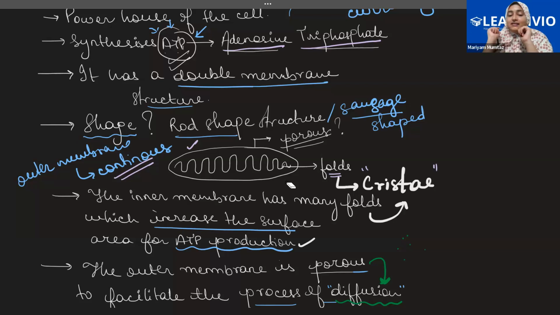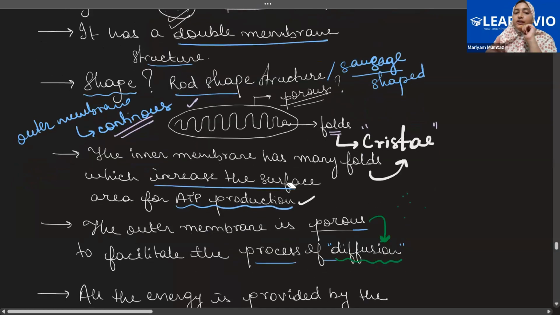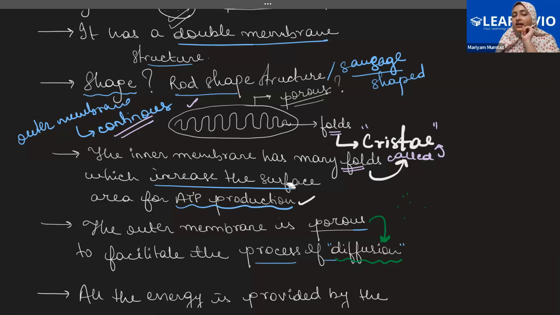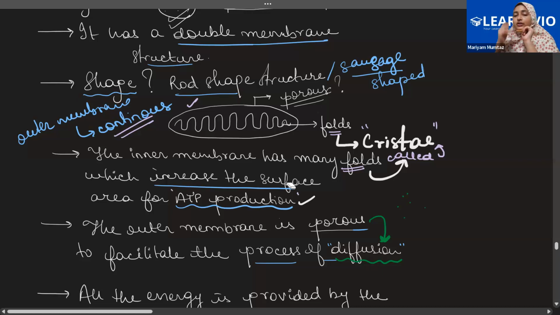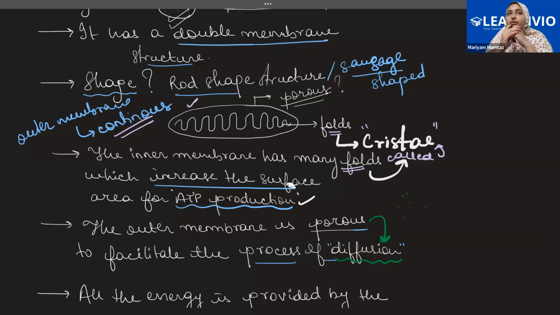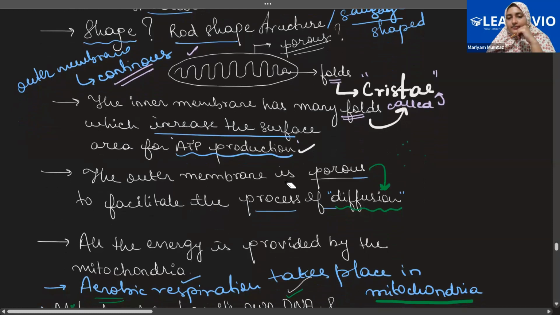Exactly, increase the surface area. So that is what these folds also do. So the inner membrane has many folds called the cristae. And what they do is increase the surface area for ATP production. So the folds provide much more surface area, so that more and more ATP synthesis can be done. Okay.